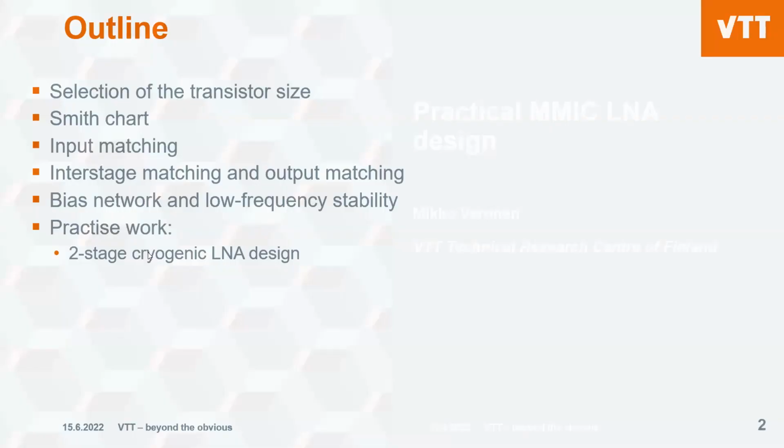Okay, so short outline, we start from the selection of the transistor size for the LNA design, then go through the Smith chart and, using it, how do we do input matching on the Smith chart, then continue with interstage matching, which we will see later, and then some stability issues and bias network designs on the last slides.